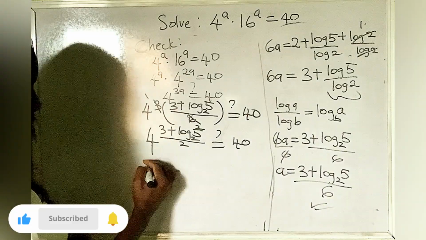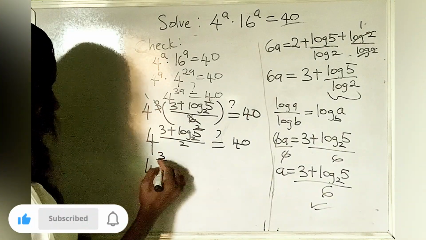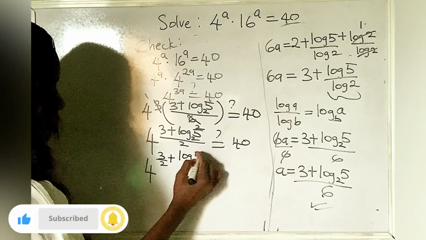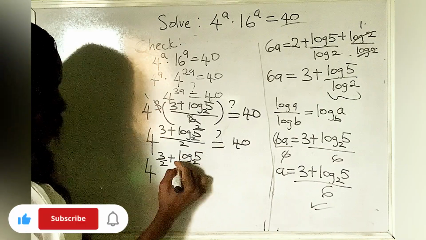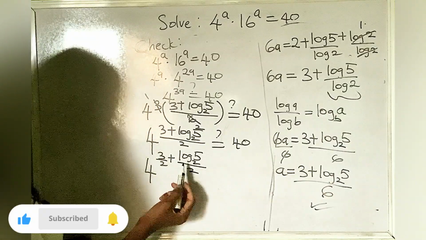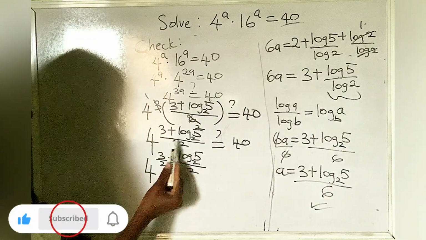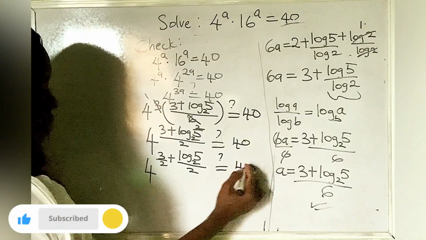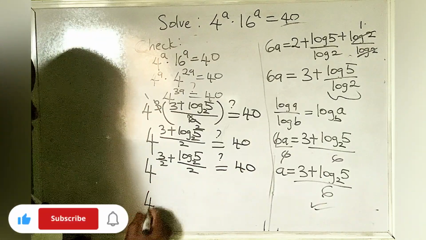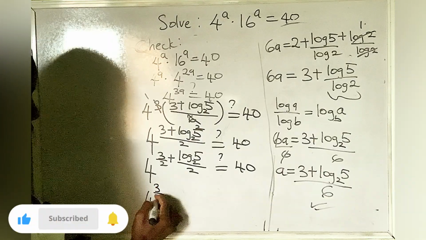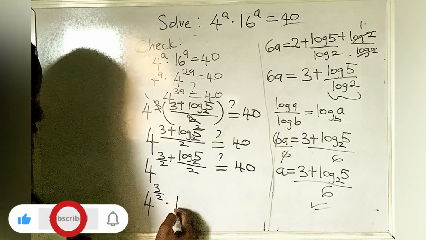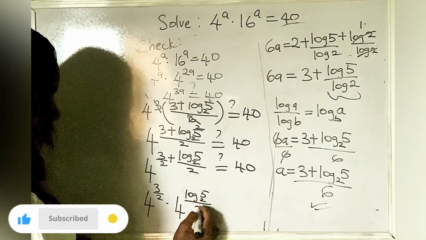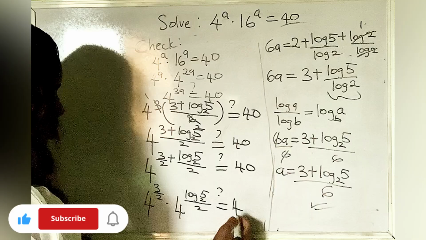So here, we can rewrite this as 4 raised to power 3 over 2 plus log 5 base 2 over 2. Now, you see that this 2 is 1. Now, it becomes 2 because it covers for both this part and this part. Is it equal to 40? So to do this, you have 4 raised to power 3 over 2 multiplied by 4 raised to power log 5 base 2 over 2. Is it equal to 40?